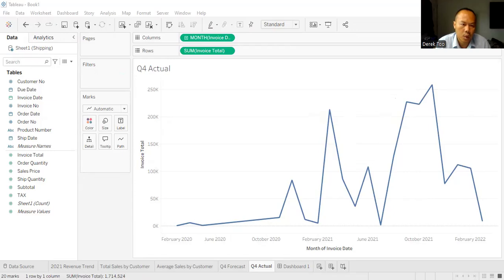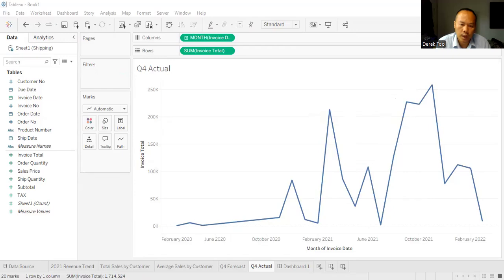This is the actual, these are the months, and this is the forecast, and they're all in the same year. You can see there's a big dip in performance in the actual, and then it went back up in December. So that's the big difference, almost over 100,000.